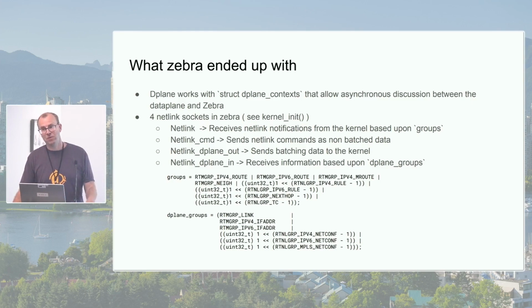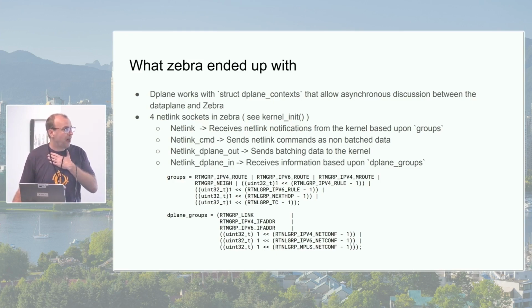This runs in Zebra's master p-thread. Netlink command is the Zebra master p-thread sending a netlink command to the kernel. Then we have the netlink dplane out, which sends batched data to the kernel when it receives a context. And we have netlink dplane in, which receives information about dplane groups.